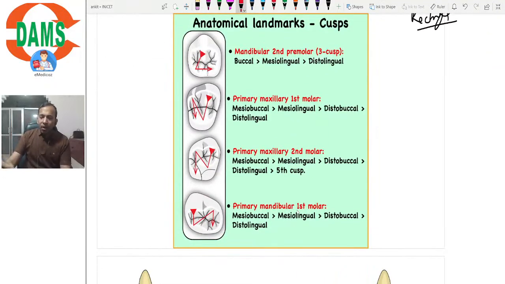So here we have the primary molars, right? So this is the primary maxillary first molar.